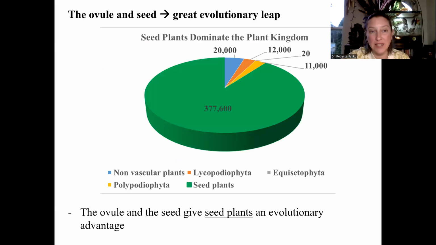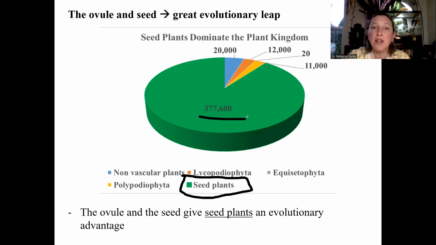All right, we've seen this before, but just to keep it in mind, because some of you got this wrong on the first lecture exam. The ovule and the seed are a great evolutionary leap for plants, such that the majority of plants that exist on Earth have seeds, right? We've seen this slide many, many times, but just to knock it home, in this pie chart, green represents seed plants.